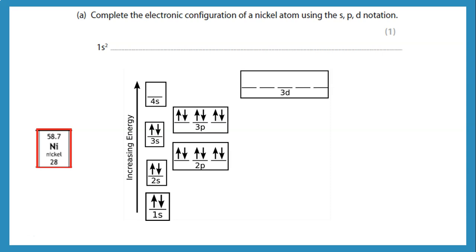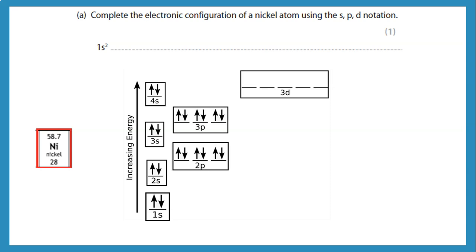We still have some more, and we need to fill the 4s before the 3d, because they found that the 4s has a slightly lower energy than the 3d. So when we're filling electrons, are you paying attention? We go 1s, then 2s, 2p, then 3s, 3p, and then 4s. Now I have put in 20 electrons, and that means I'm left with 8.